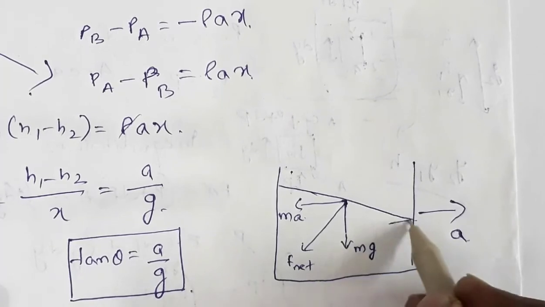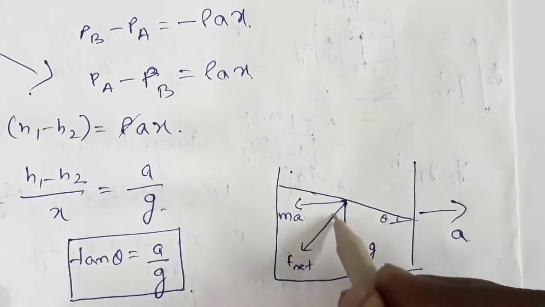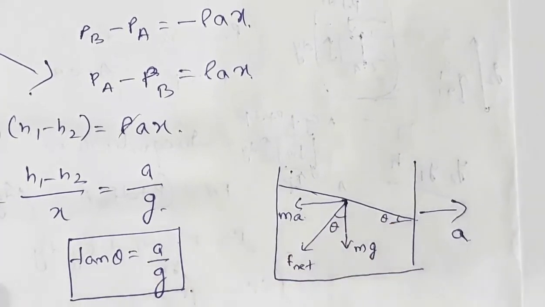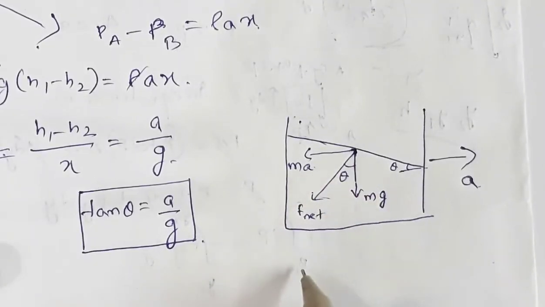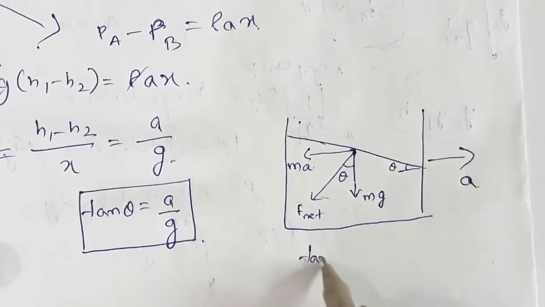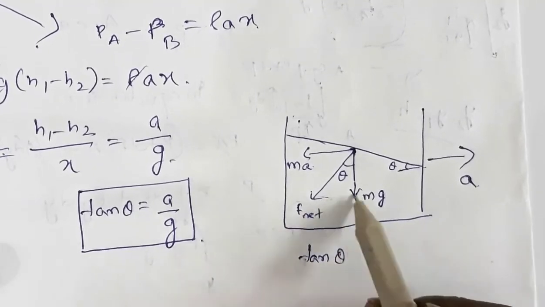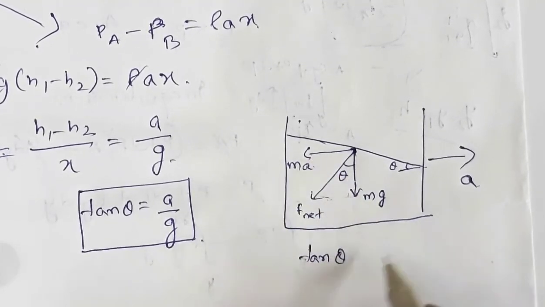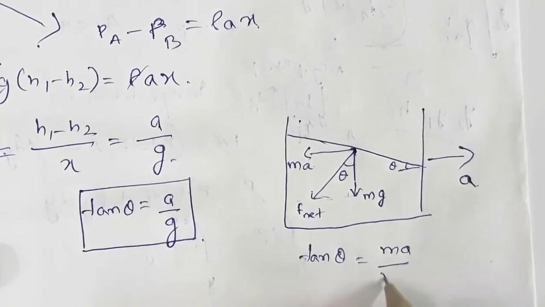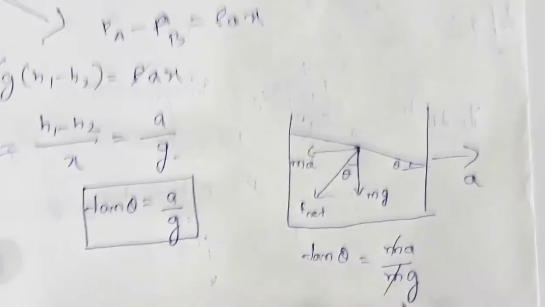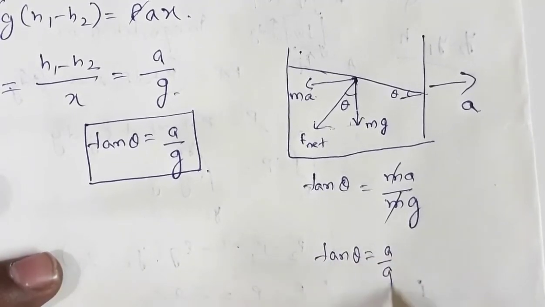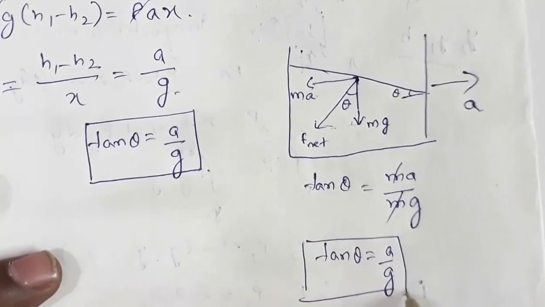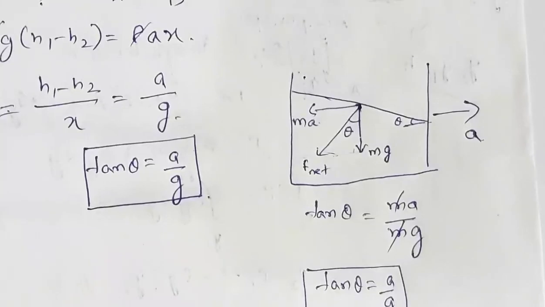Now if this angle is theta, this angle is also theta. In this triangle, what is tan theta? Tan theta is equal to perpendicular by base. Perpendicular is ma, so tan theta is ma by mg. This cancels out, so again we are left with tan theta is equal to a by g. This is another way we can measure the inclination of the free surface.